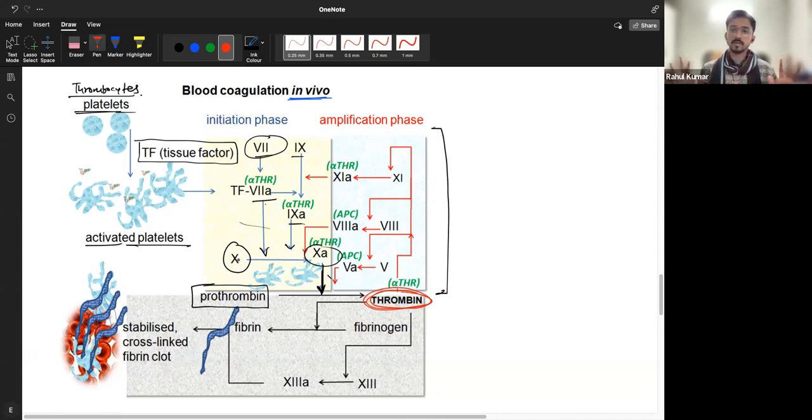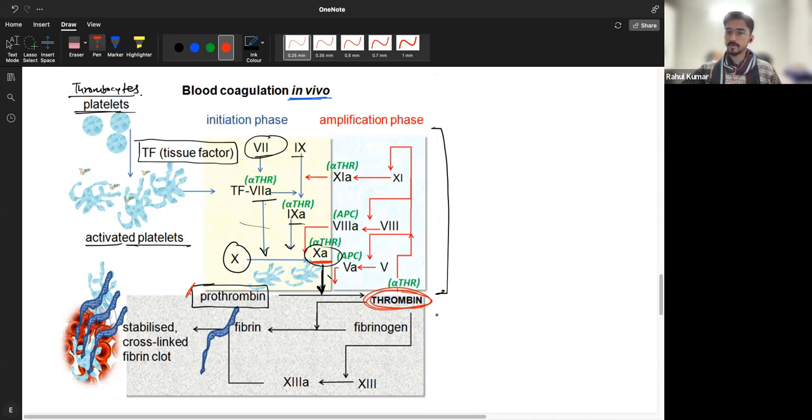So when everything is normal, your blood is contained in the blood vessels, there is no injury, thrombin remains as prothrombin. Only when there is a tissue factor, any damage or anything that activates platelets, does this whole pathway start, and prothrombin, after getting signal from the activated factor 10A, converts into thrombin.